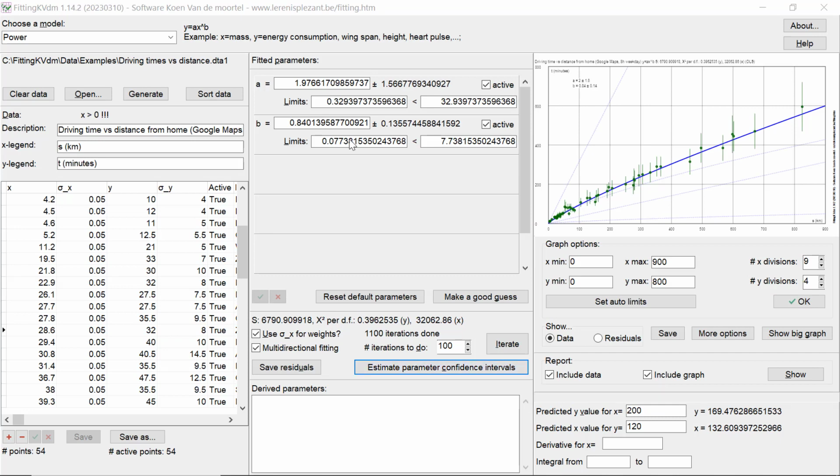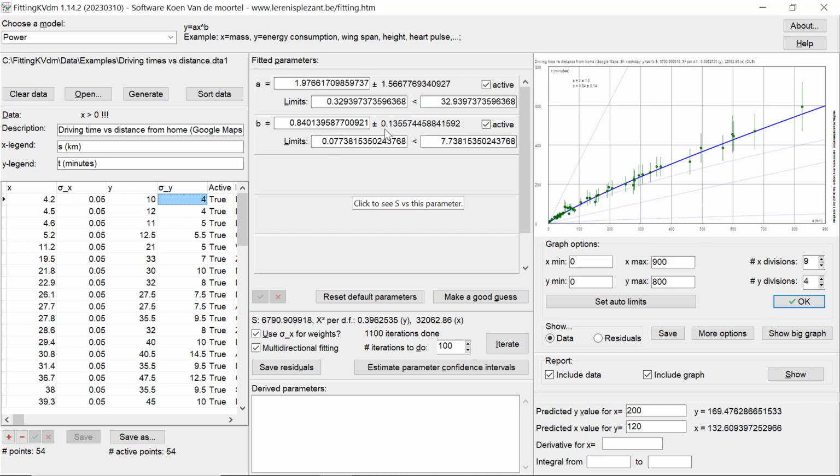So we see A is 1.97 plus or minus 1.56. So it means it's quite bad, but that's a worst case scenario since these segments here, the deviations are really worst case scenarios. So these are also worst case scenarios.